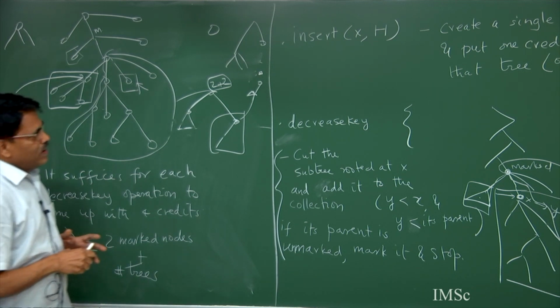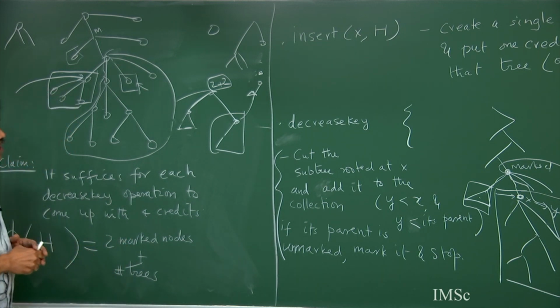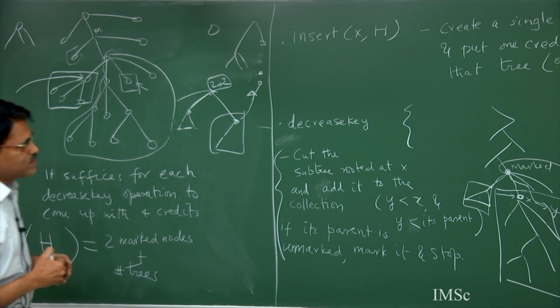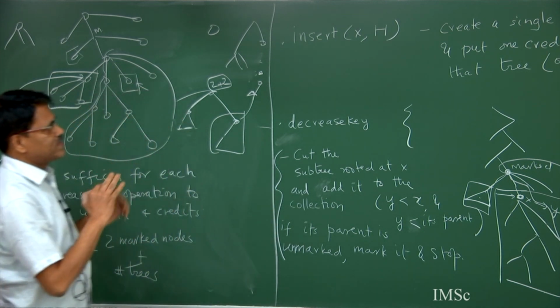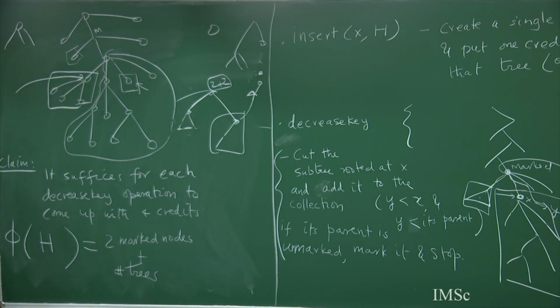Now let's do delete min, right? So decrease key has constant amortized time, insert has constant amortized time. Now let's see how to do delete min. This is the potential.